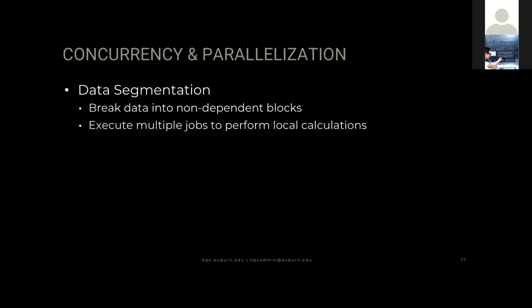Once you've broken that up into the appropriate chunks, you can execute multiple jobs in parallel to perform their local calculations, and then do some post-processing to combine the results, or as the word they use, to reduce the results into the actual aggregate calculation.